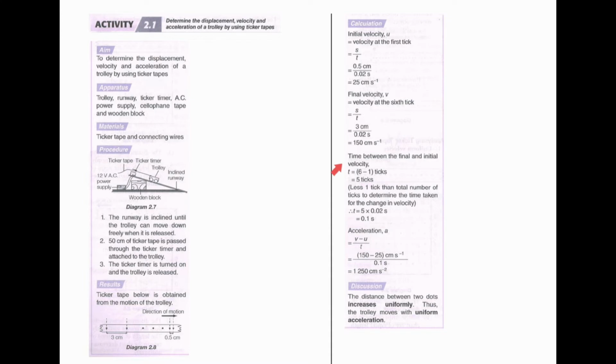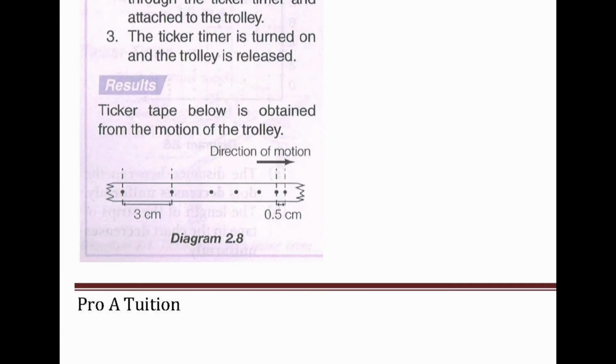Something special about this is the time. The time between the final and initial velocity, t equals 6 minus 1 ticks. So this is a bit special, you must remember. If you see how many ticks we have: 1 tick, 2 tick, 3 tick, 4 tick, 5 tick, and 6 tick.